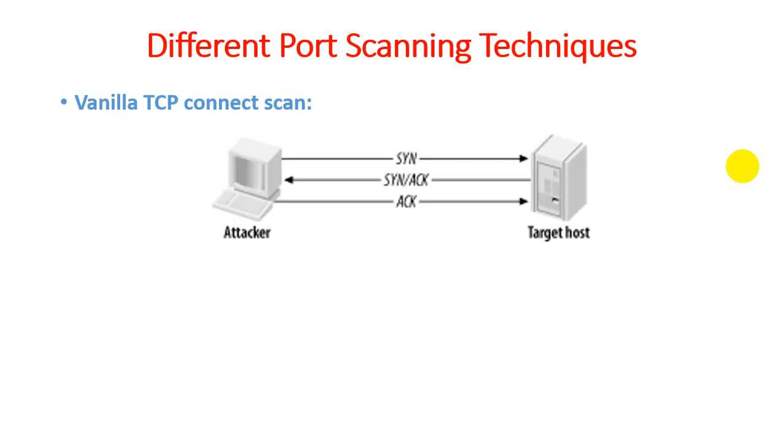First, the attacker sends the synchronized message to the targeted host. If the server provides the synchronized acknowledgement, then the attacker sends the acknowledgement packet. In between those three activities, if the targeted host finds that it is an unknown user, then it can directly refuse that activity.